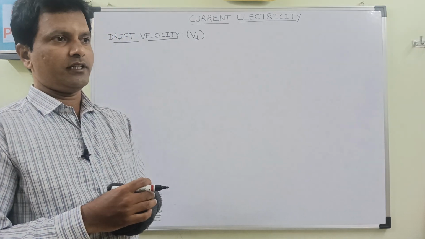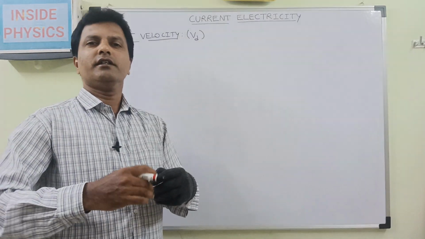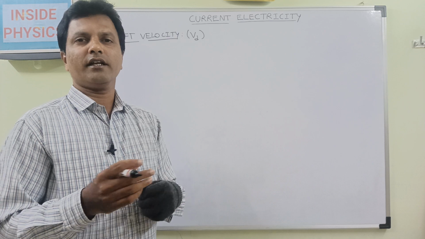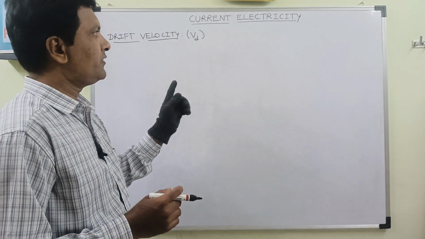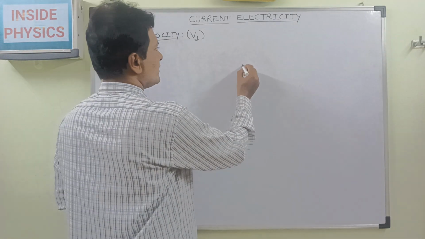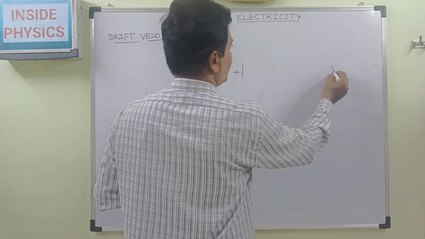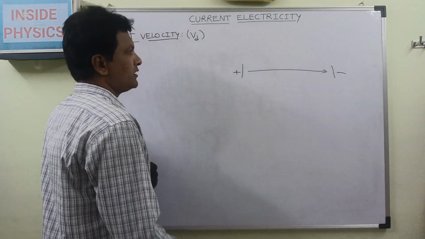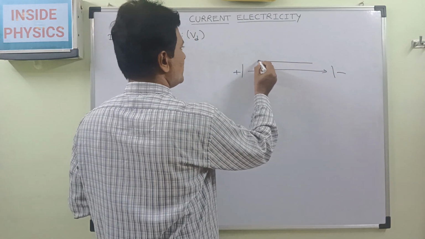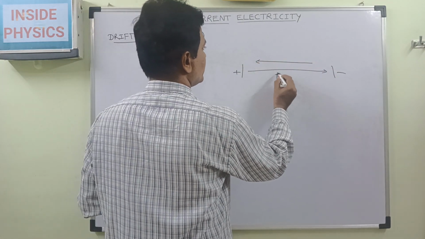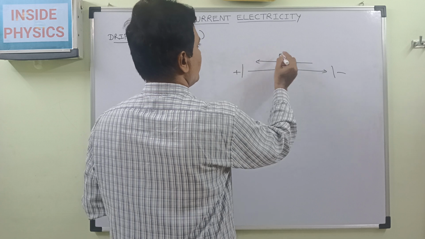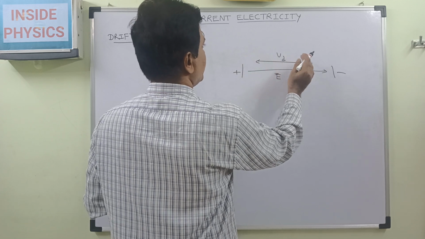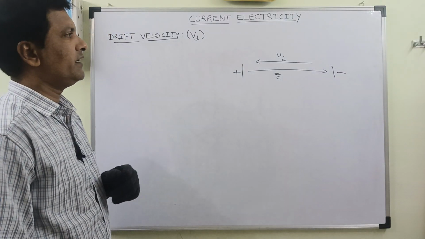Why opposite to the direction of the electric field? Generally the charge carriers are electrons and the electric field is from positive to negative direction. So the charge carriers will move opposite to the electric field. This is the electric field and the velocity Vd will be opposite to the electric field direction.